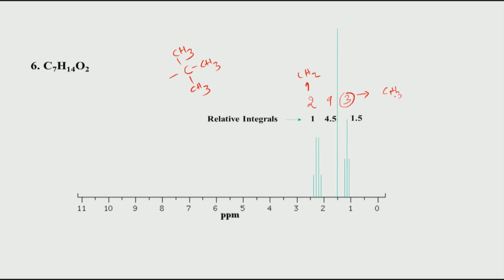Now, this CH3, if it is coupled to this CH2, suppose I have this kind of a moiety, then in that case what will happen is that this CH2 is now coupled to this CH3.